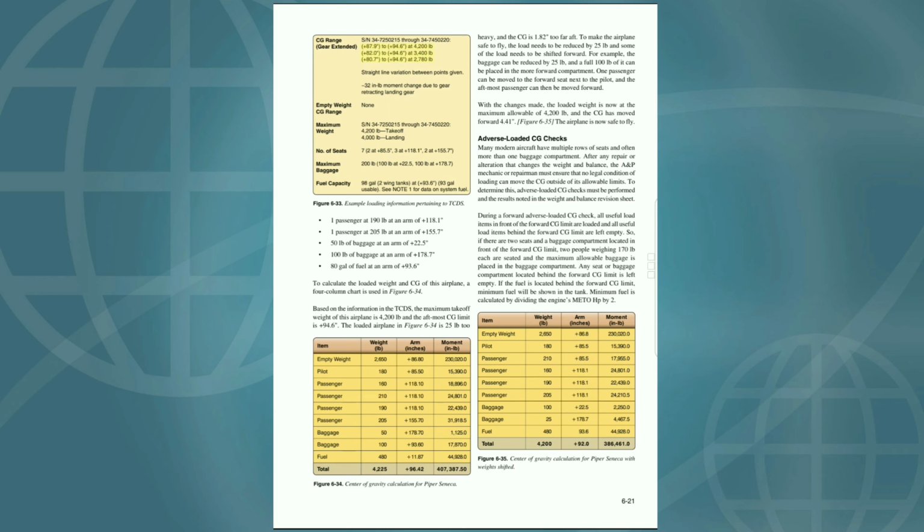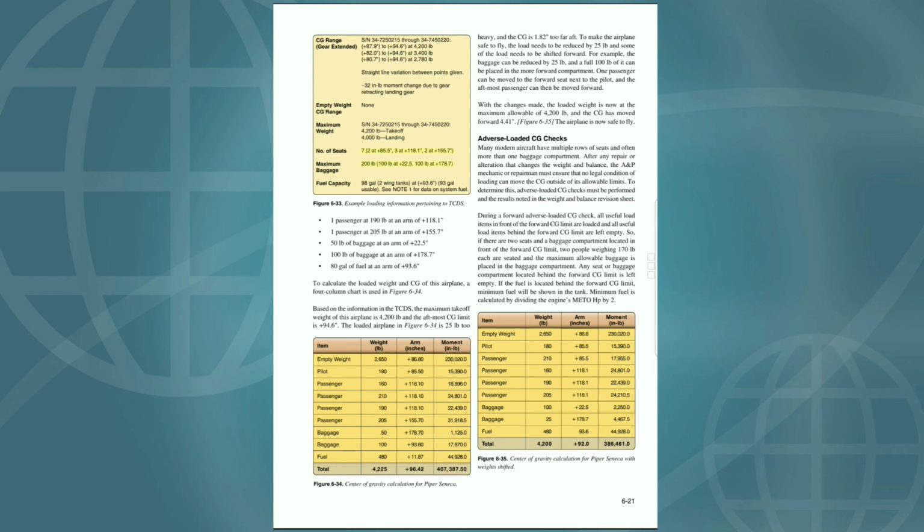Plus 80.7 to plus 94.6 at 2,780 pounds. Straight line variation between points given. -32 in pounds moment change due to gear retracting. Landing gear: none. Serial numbers 34-7,250,215 through 34-7,450,220. 4,200 pounds. Takeoff, 4,000 pounds.